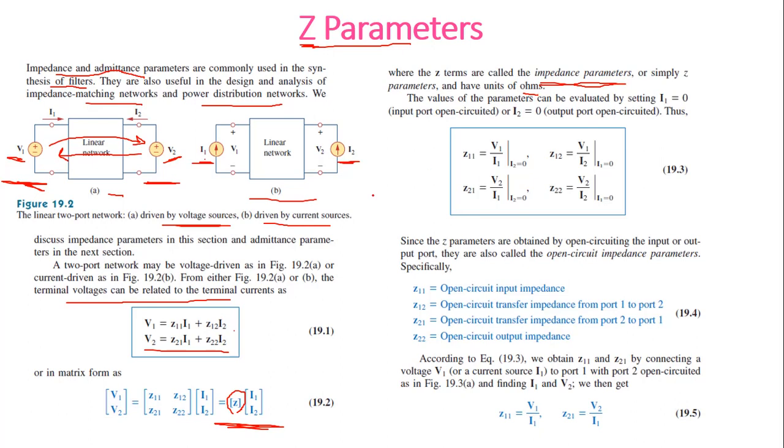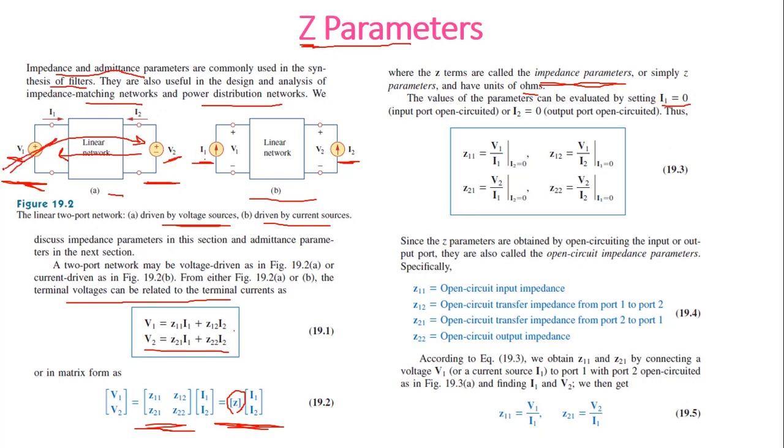Now to determine the values of Z11, Z12, Z21, Z22, they are evaluated by setting I1 equal to 0. What does I1 equal to 0 mean?